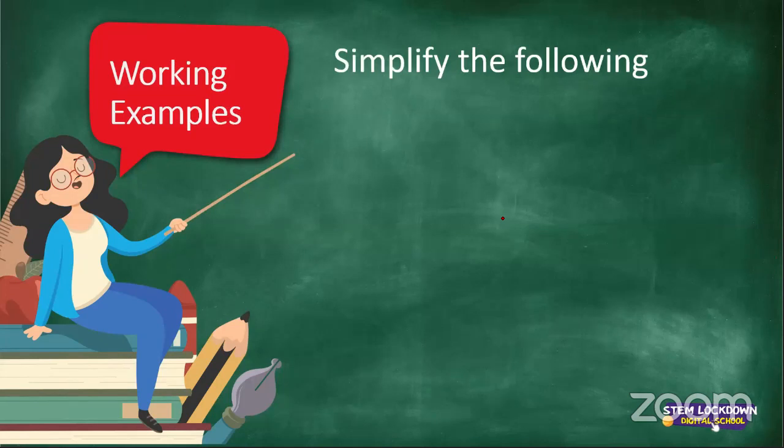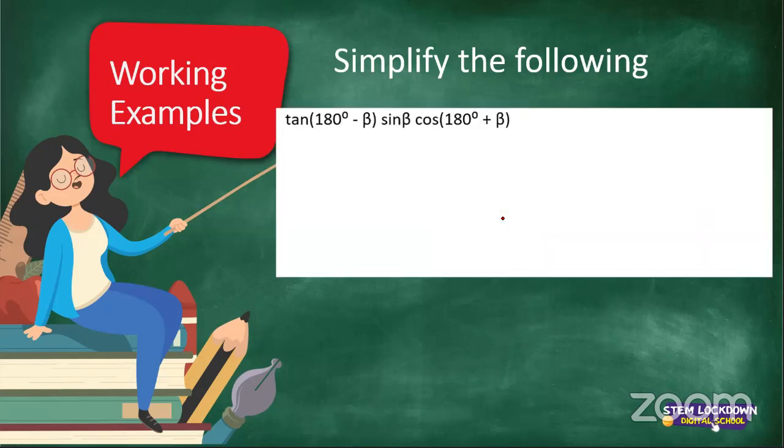Moving on, we have a few simplified examples of how we will be applying the reduction formula. Please engage me, guys. Please stop me. As I had said, we're all here to learn and understand, right? Here's our first example. We are going to be simplifying tan of 180 minus beta, sine of beta, and cos of 180 plus beta.